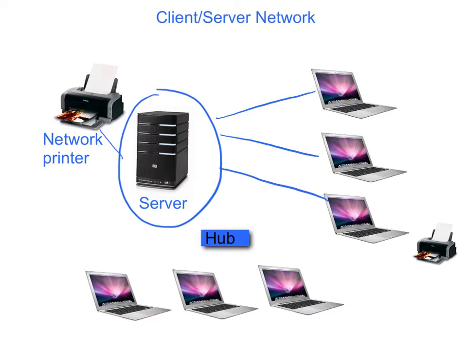If they're using a hub, each workstation connects directly to the hub, and then there's one connection from the hub to the server. This particular workstation over here happens to have its own local printer connected to it. So it doesn't have to use the server's printer, it could use its own local printer.